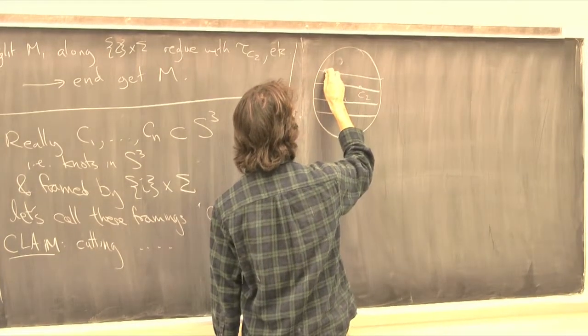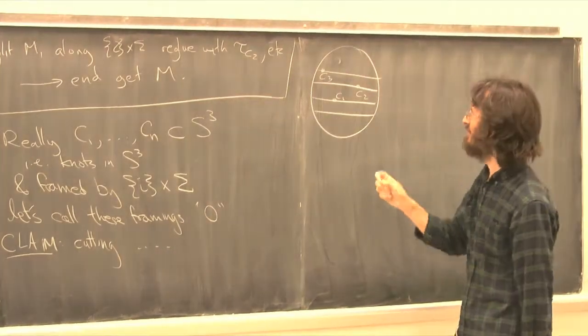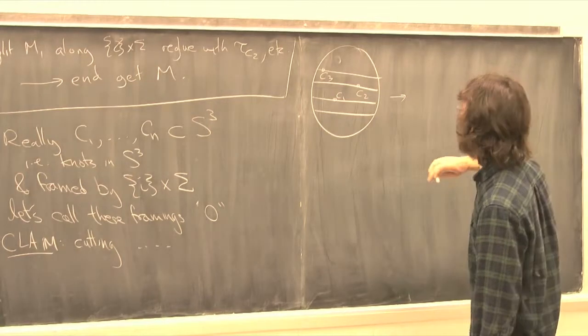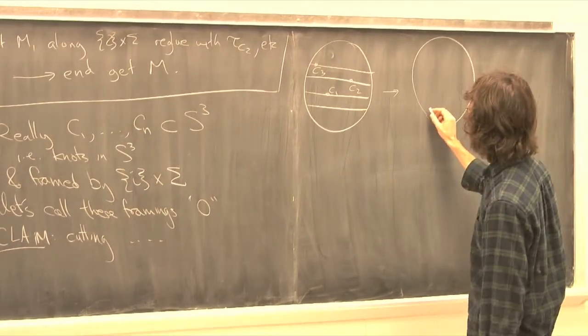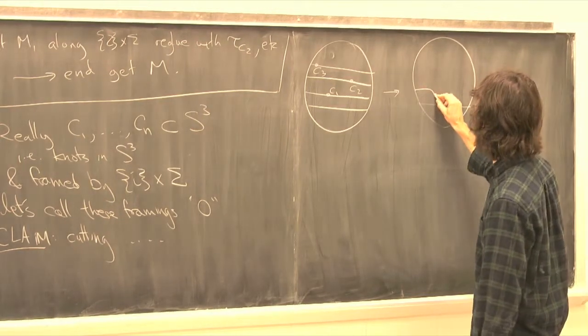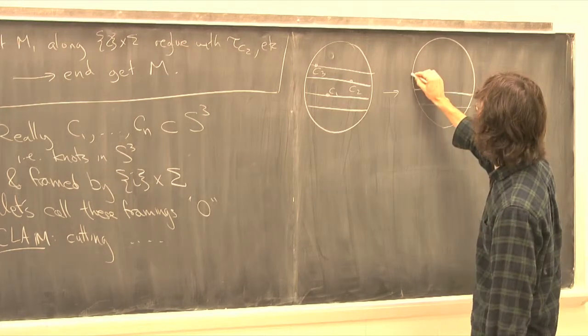C2 and C3. So then, for whatever reason, I have a 0 level that doesn't matter, where nothing happens. It's not that important. And then the first thing I'm going to do is blister open in some way.